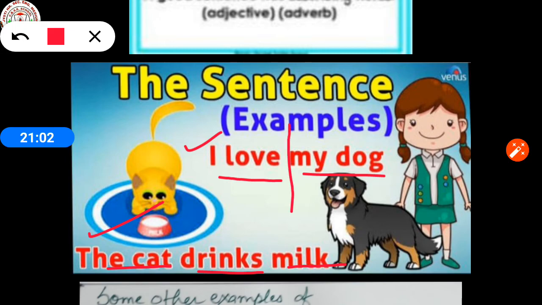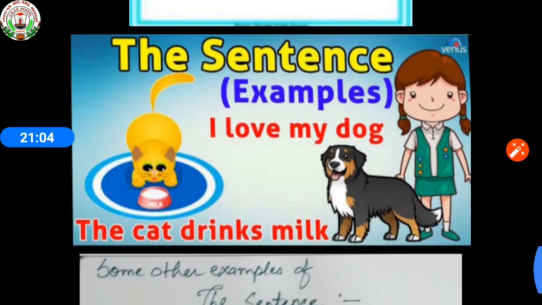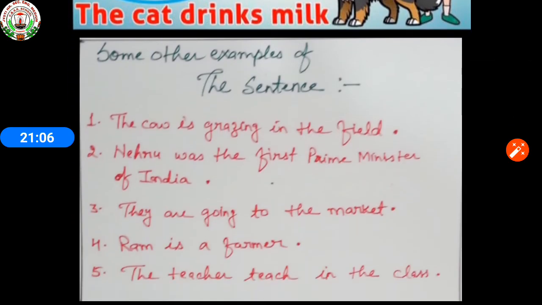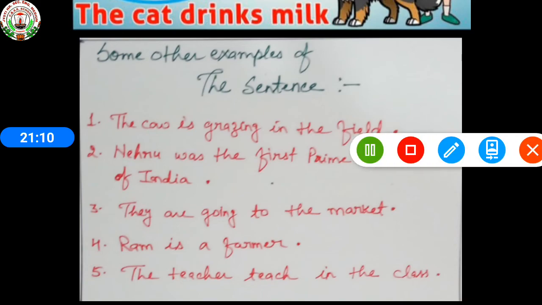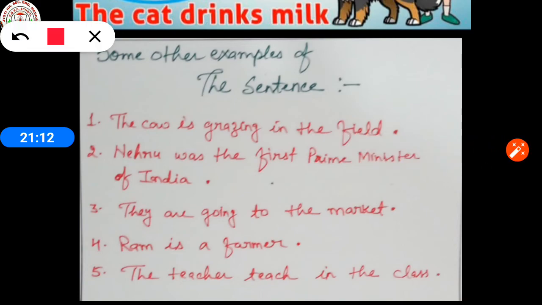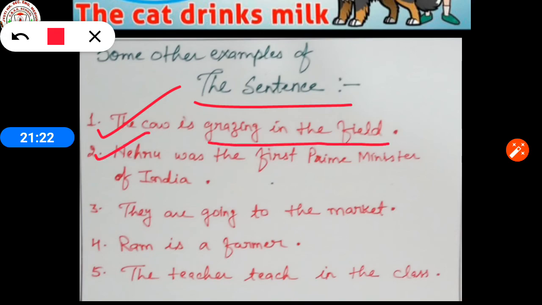We can see some other examples of sentences. The cow is grazing in the field. Nehru was the first Prime Minister of India.